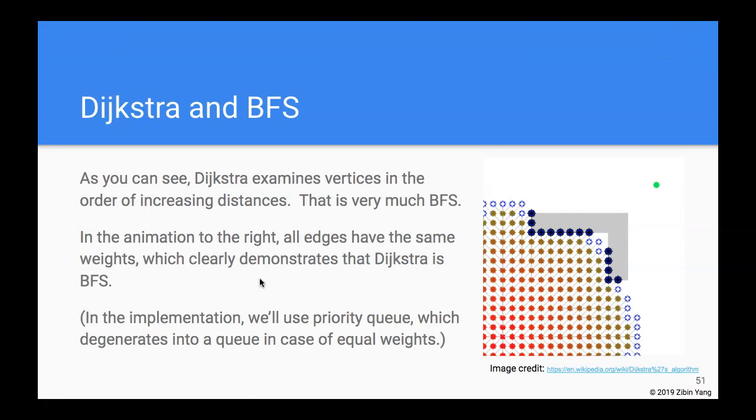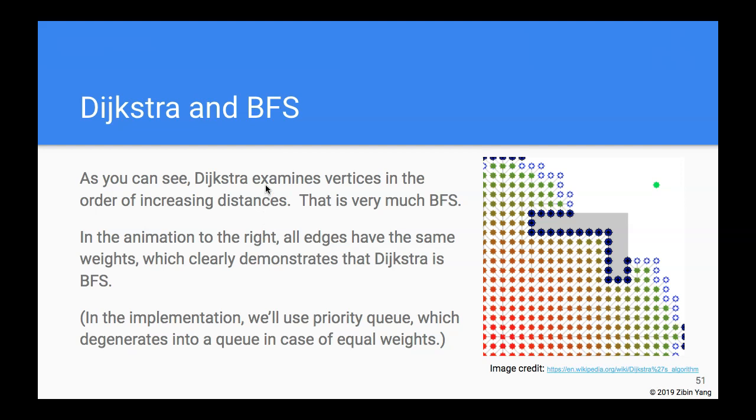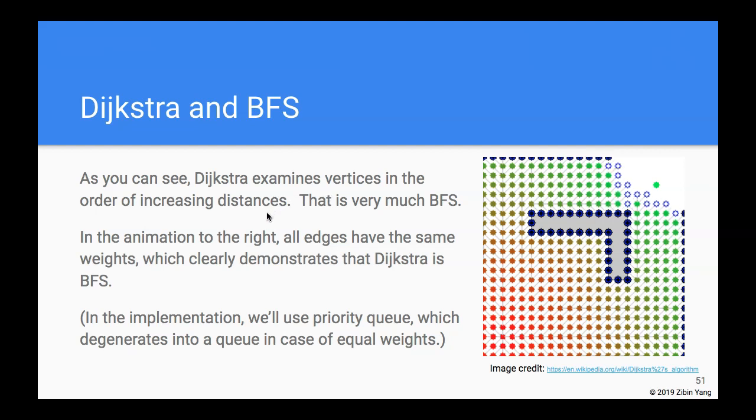And we've claimed that Dijkstra is a form of breadth first search. And hopefully now that we've gone through how exactly it works, you can see that it does look at all the vertices in order of increasing distance. And therefore, that's just BFS.